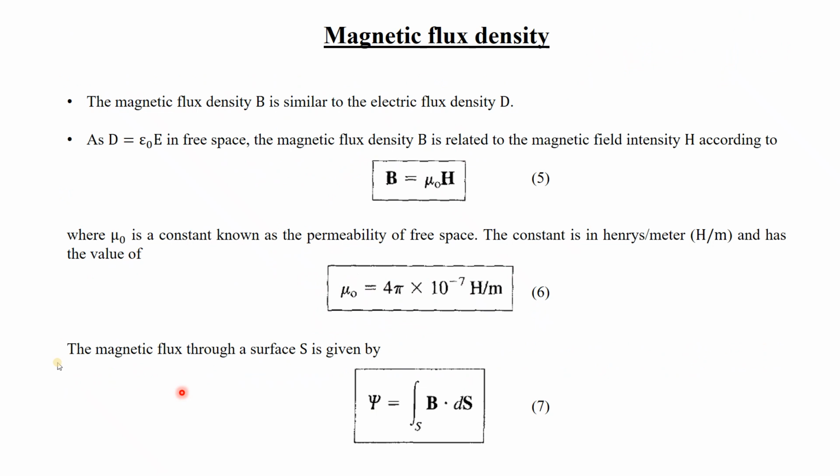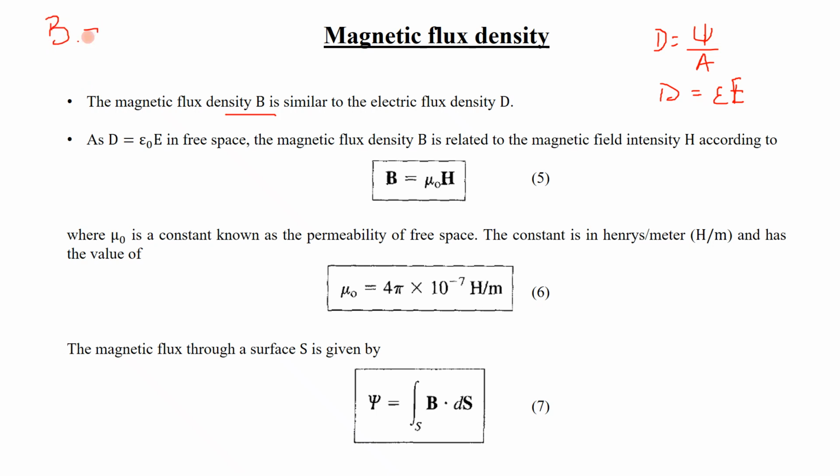Okay. Now, coming to the equation of B and H. Similar to the electric field intensity, where we have seen the electric flux density D, which was electric flux per area, okay, flux density, and D was equal to epsilon E, where E was the electric field intensity.